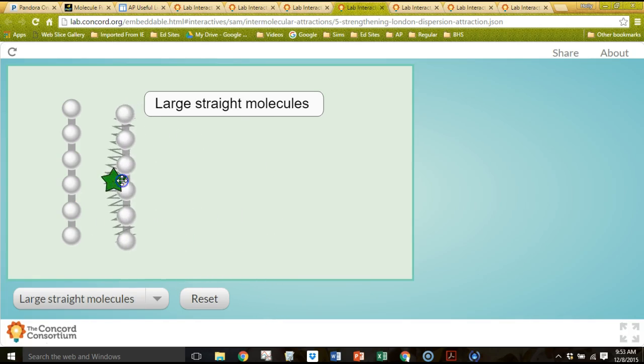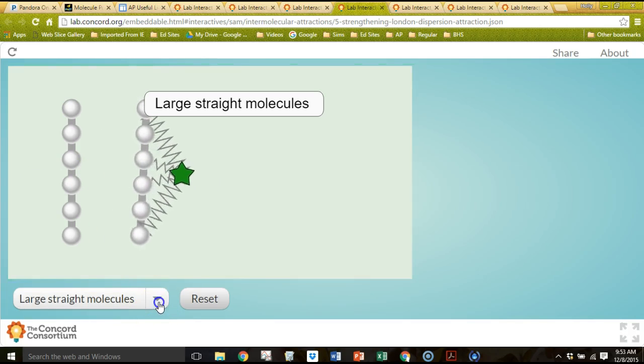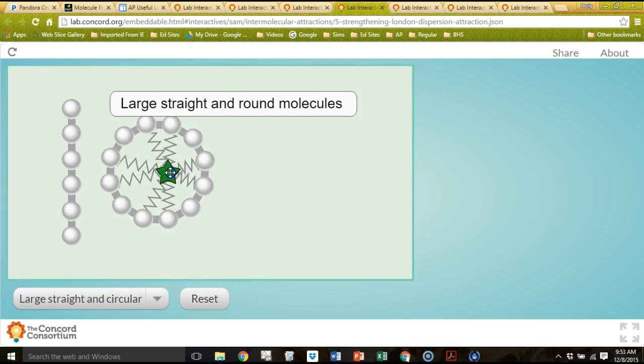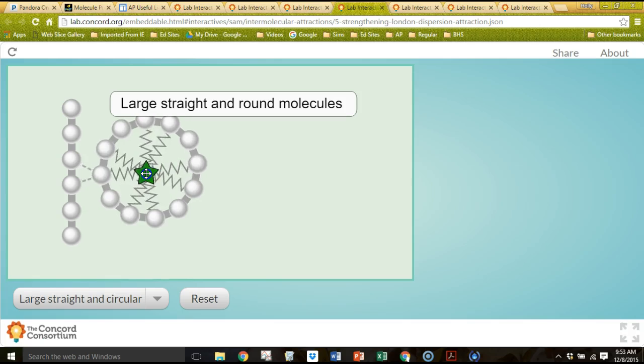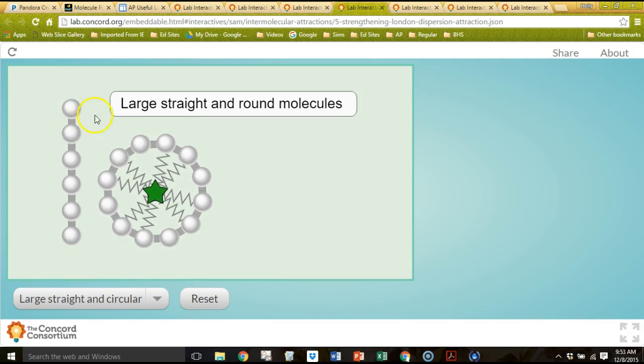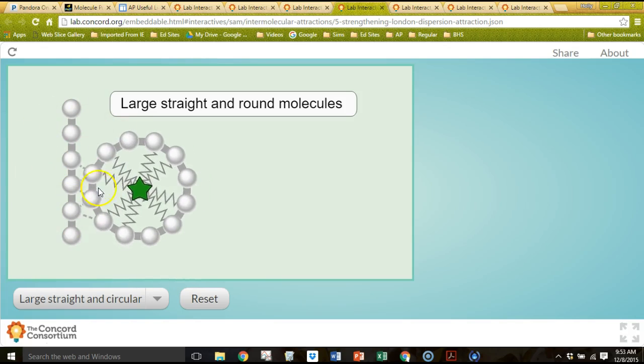But the shape also, again, how the molecules are able to make contact with each other, that's what this part of the simulation is getting us to look at. So obviously, when we have the circular, it can only make contact in a couple of spots versus when we have the linear, they were able to have more places of contact.